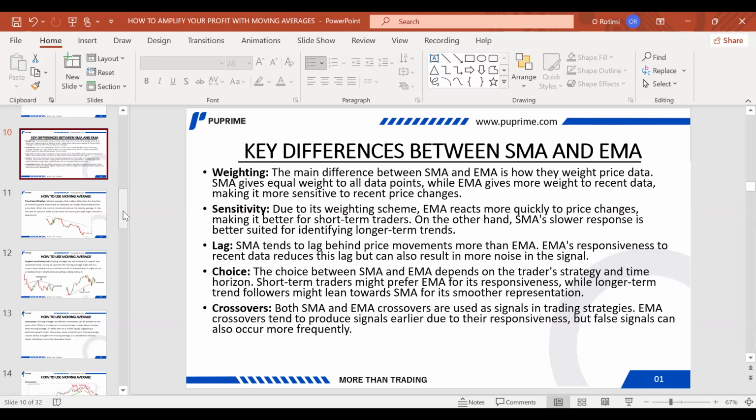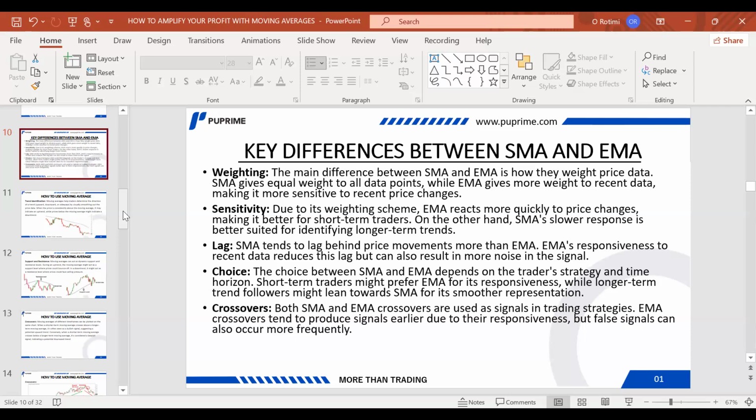SMA gives equal weight to all data points, while the EMA gives more weight to recent data, making it more sensitive to recent price changes. So this is an advantage that the exponential moving average has over the simple moving average. It deals more with the recent data compared to the simple moving average.